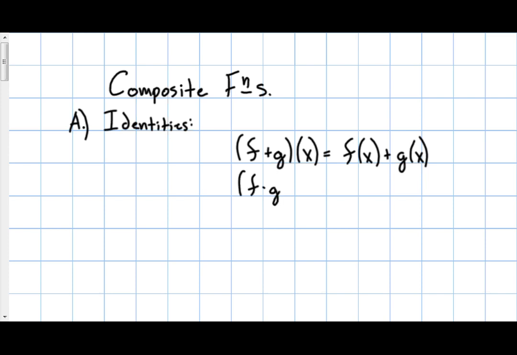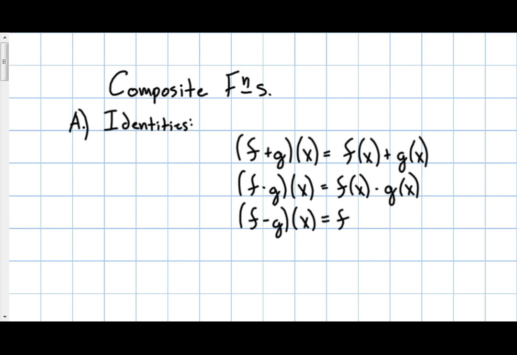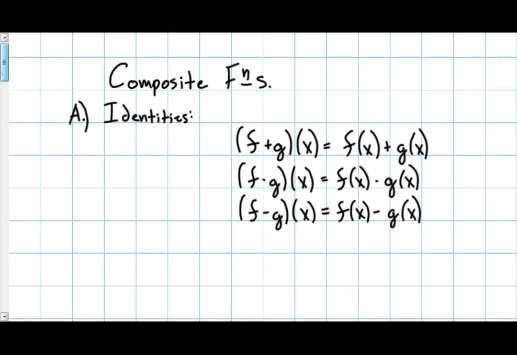F times g of x equals f of x times g of x. F minus g of x equals f of x minus g of x.